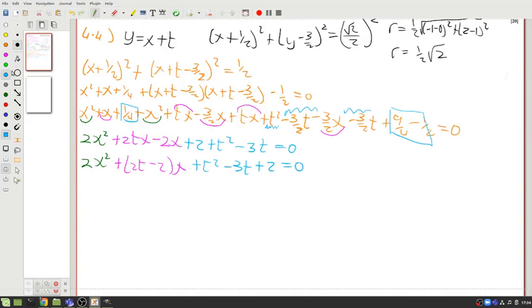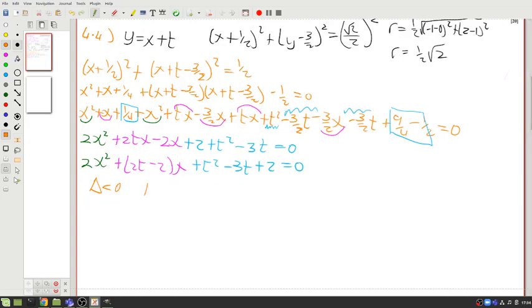Now what do we know about a quadratic that has no solutions? We want to find out where this thing doesn't have any solutions, because this is where the two equations are equal, but we want to know where they're not equal. That will be when the discriminant is less than 0.